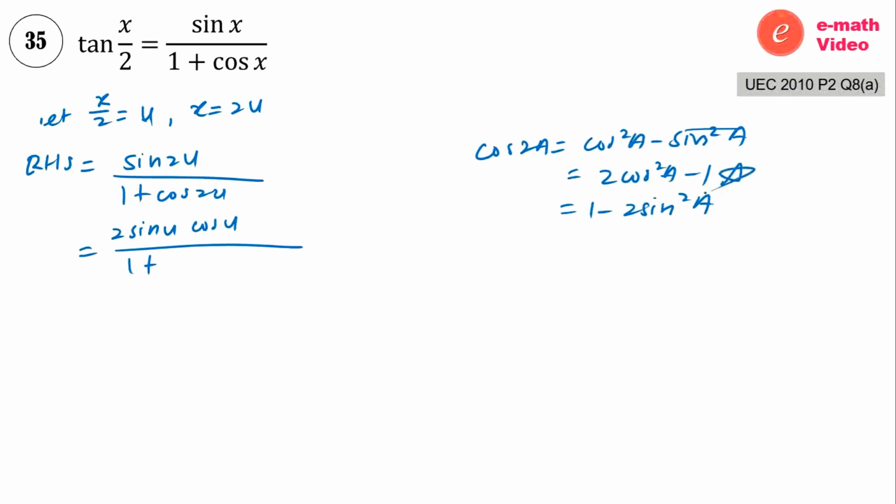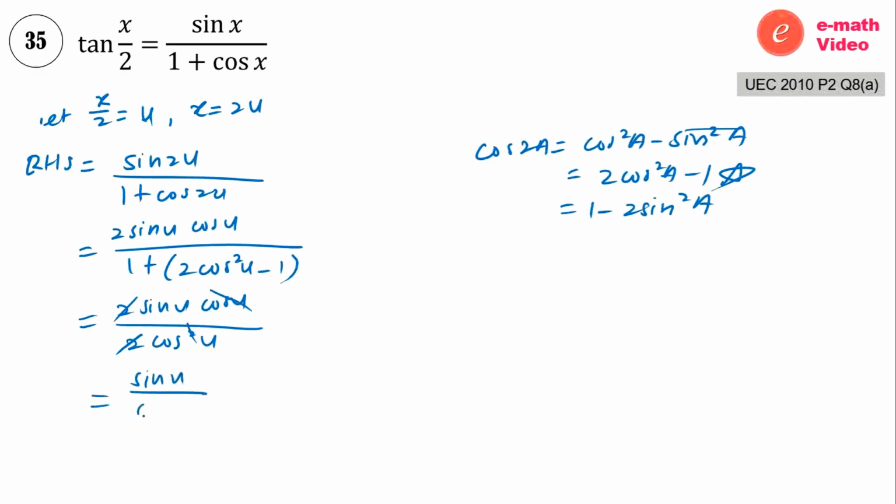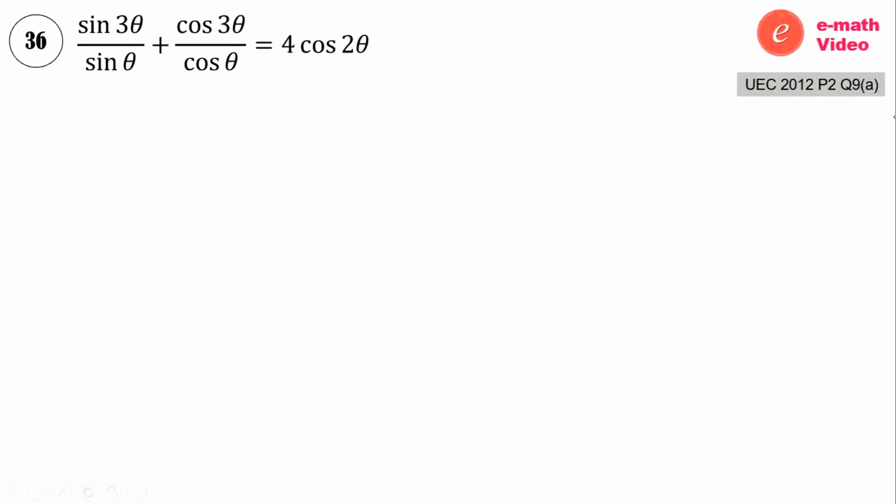So we just choose the second one. 2 cos square u minus 1 equals 2 sine u cos u over, 1 minus 1 becomes nothing, 2 cos square u. 2 and 2 cancel, cos and cos cancel, equals sine u over cos u, equals tangent u, equals tangent x over 2. Proven.